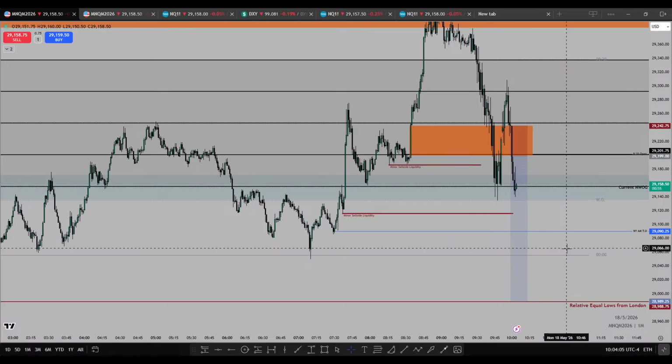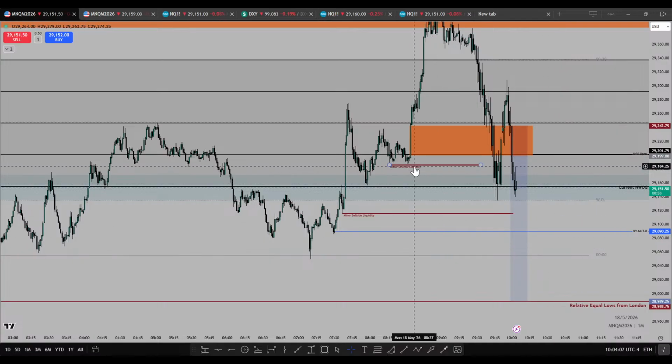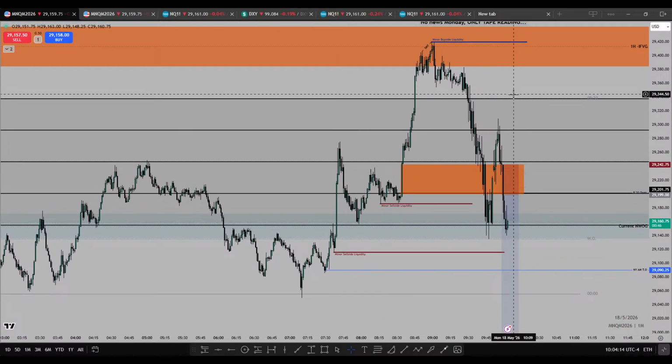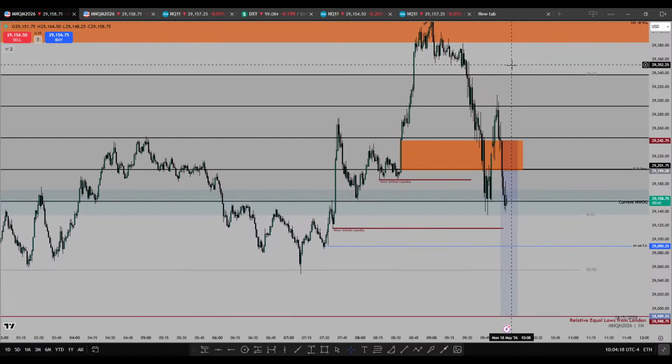Some pattern traders are going to look at it: 950 macro, relative equal lows, re-delivery from the 15-minute busy, let's enter long, relative equal highs. That's not how it works, buddy. That's not how it works. That is not how it works.